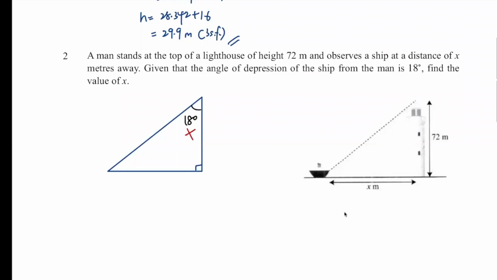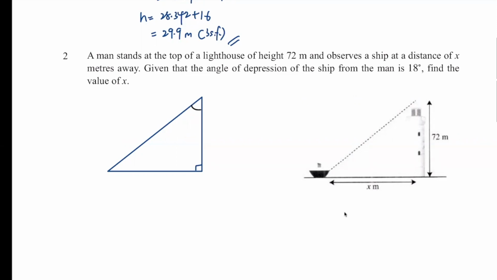The angle of depression is you look straight ahead, then you tilt your head downwards. This one over here that you think is 18 degrees, if you think of it this way, you actually look directly downwards, then you tilt your head up to the ship, which doesn't make sense. The word depression means going down.